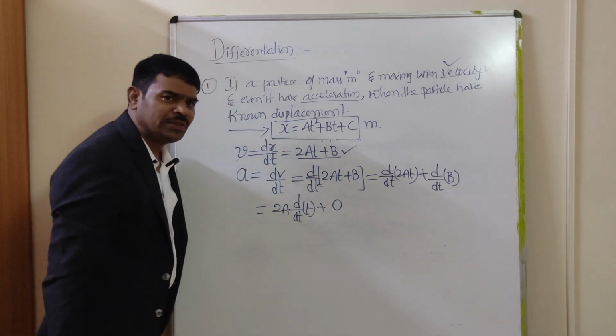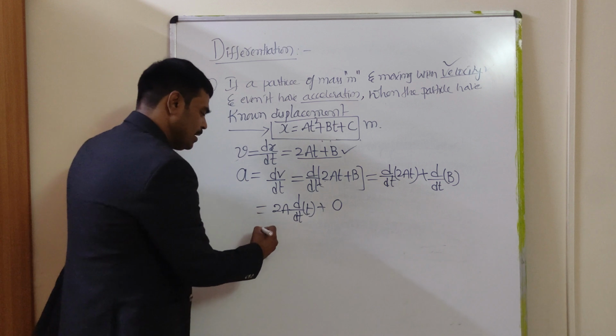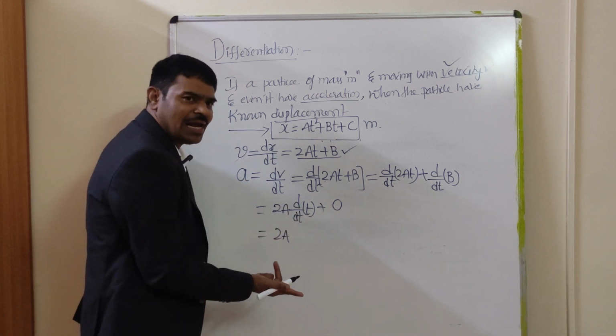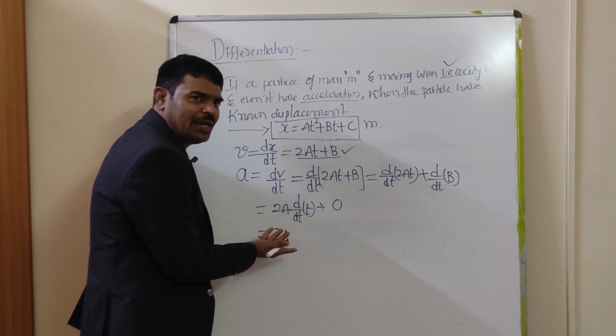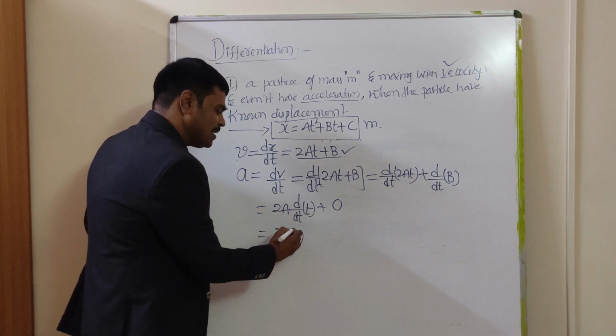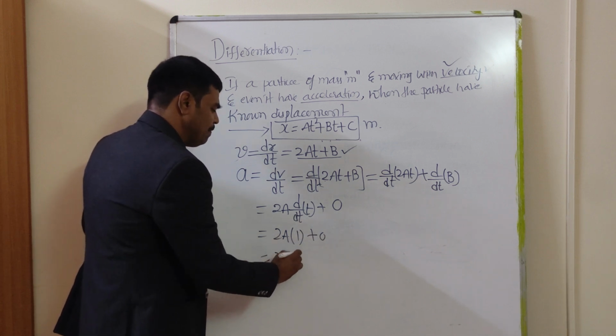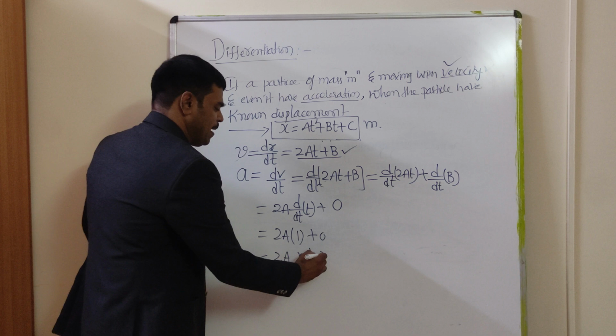The second part is a very known thing to you, that is 0. That is equal to 2a into, what is the dt by dt value? It is just a ratio, no need even for a differentiation formula. That's nothing but 1, plus 0. That is 2a meters per second square.